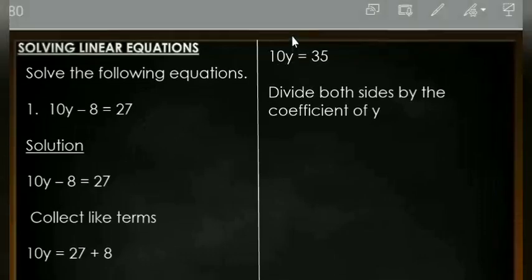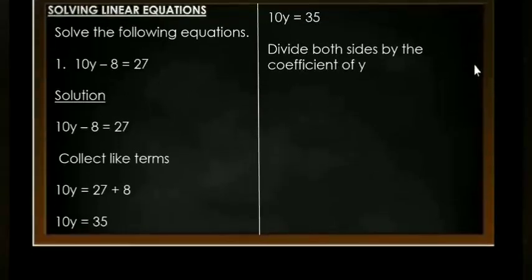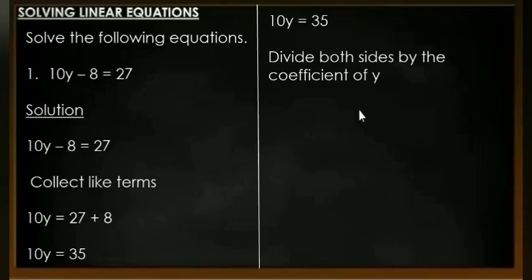So we'll now have 10y divided by 10 and 35 divided by 10, because we have already said we are dividing both sides by the coefficient of y. And the coefficient of y is what? 10. Very good. So now we have 10y divided by 10, 35 divided by 10. So this 10 will cancel this 10.